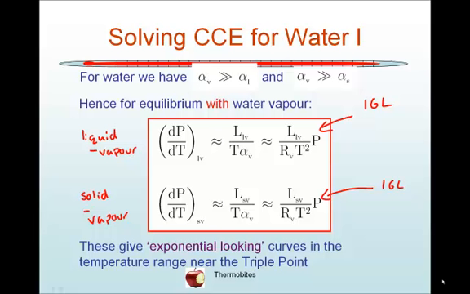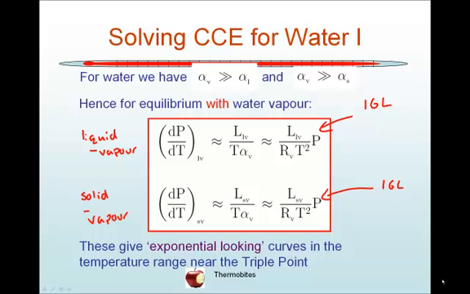For water, we find the specific volume of vapor is very much greater than the specific volume of the liquid, and likewise the specific volume of the vapor is very much greater than that for the solid. And hence for equilibrium with water vapor, we can write the two equations for the liquid-vapor and the solid-vapor equilibria for dP/dT by ignoring the lower specific volume terms.